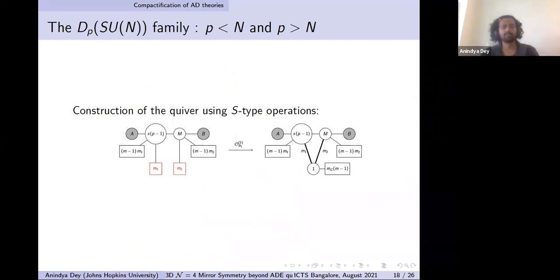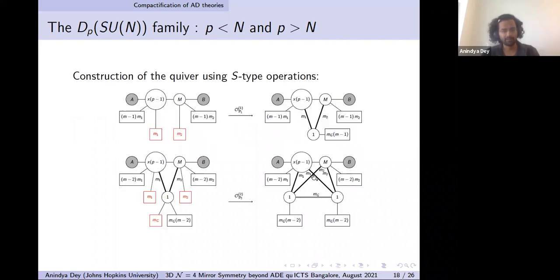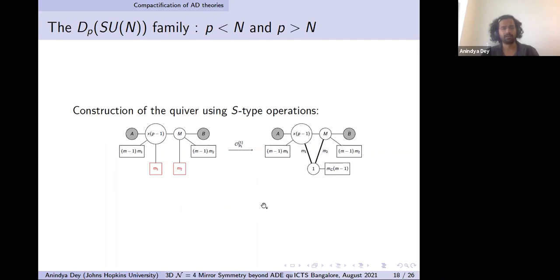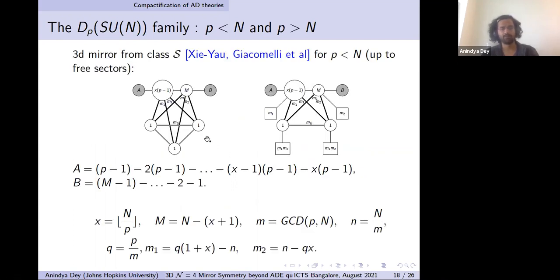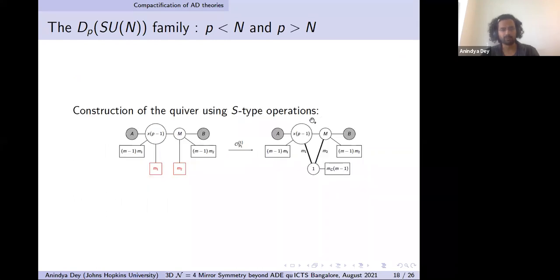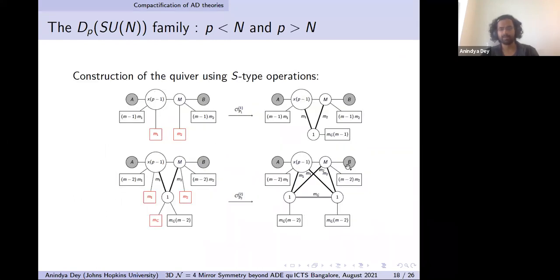Now, how do you construct this using S-type operations? Well, you start with a linear quiver, which is a very simple object. You break up the flavor symmetry in this fashion. You identify and flavor gauge it, and then you continue doing it. If you do it m minus 1 times, so here I have drawn the figure for m equals 3, you see, after 2 operations, I get back what I need.